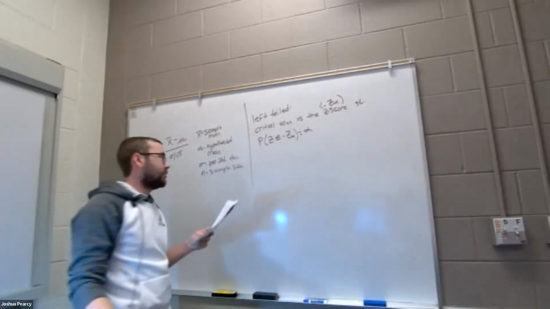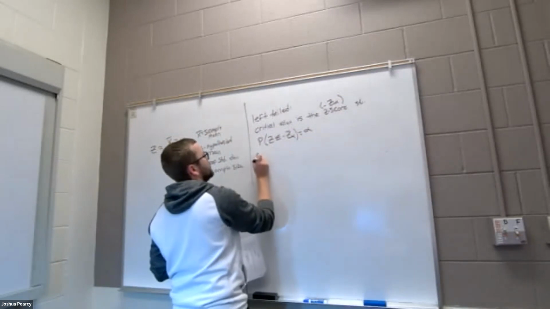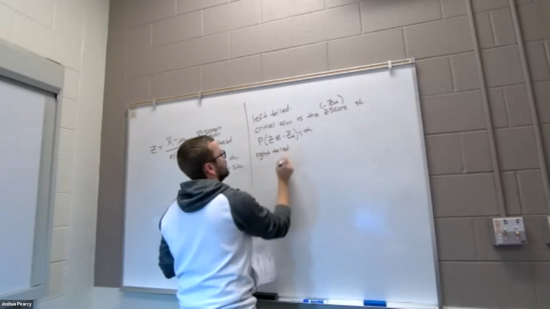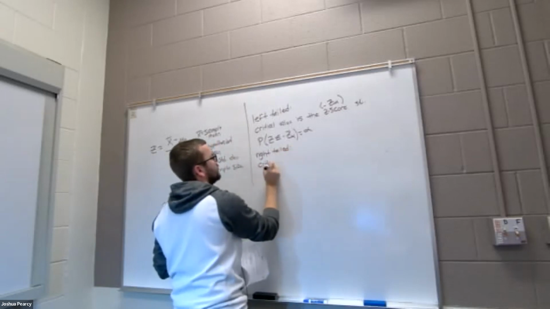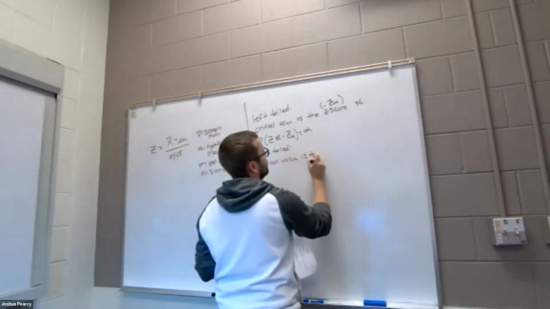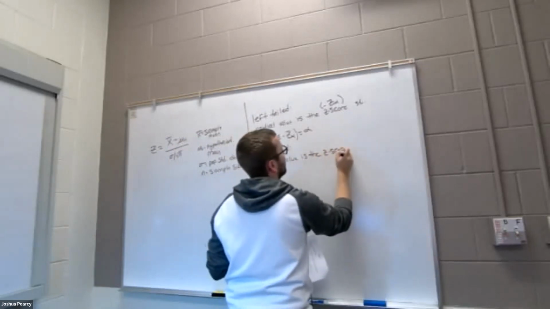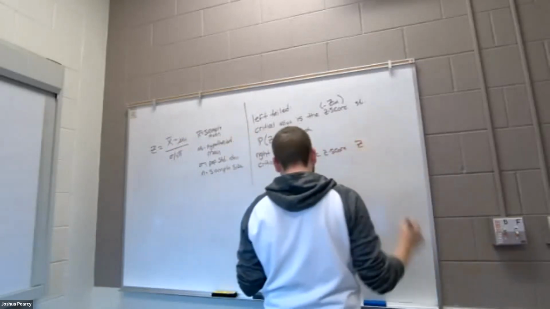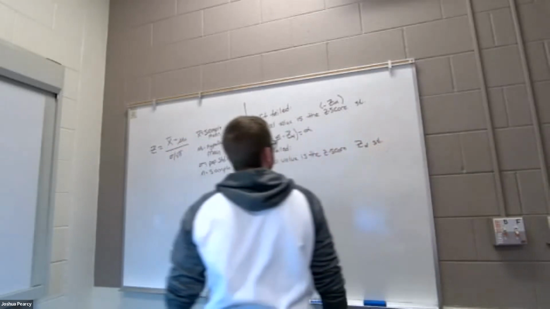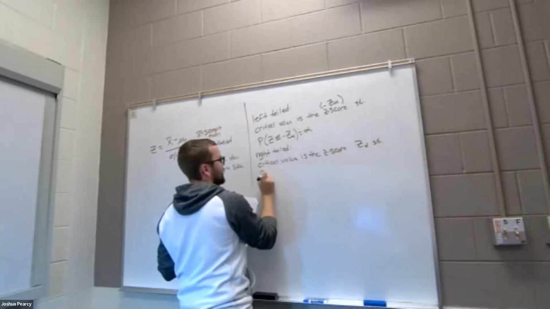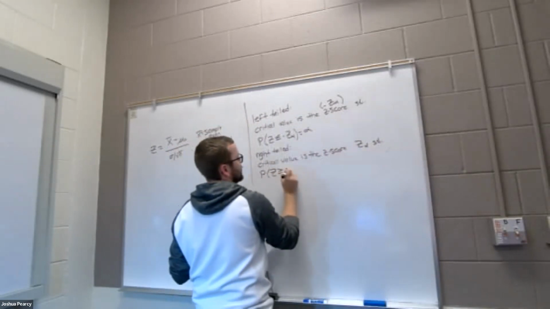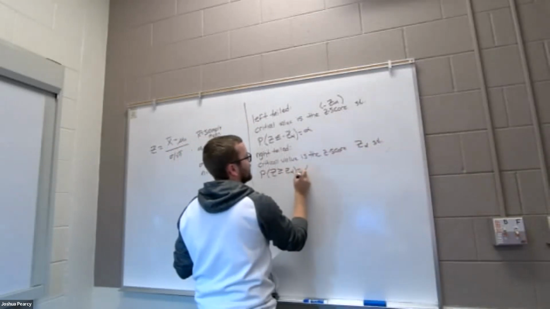Second, the critical value for a right-tailed test is the z-score, which we will call the positive z alpha, such that the probability of getting a z-score greater than or equal to z alpha is alpha.